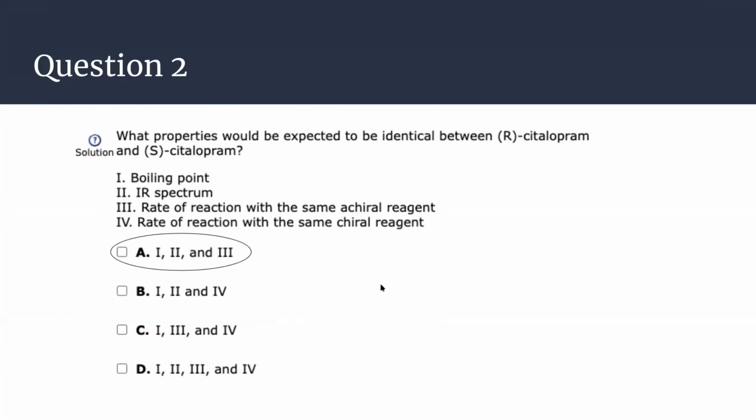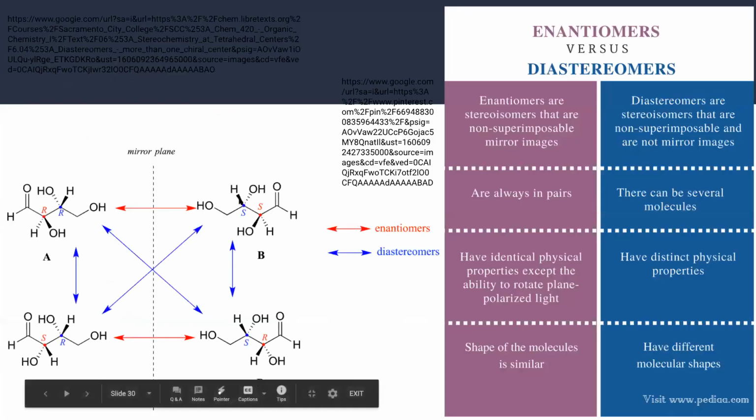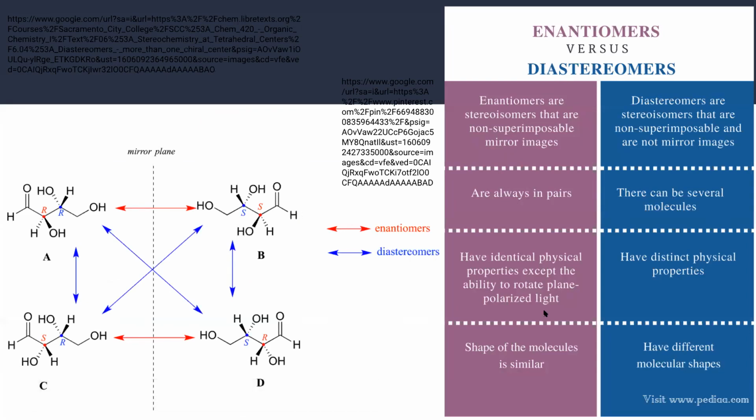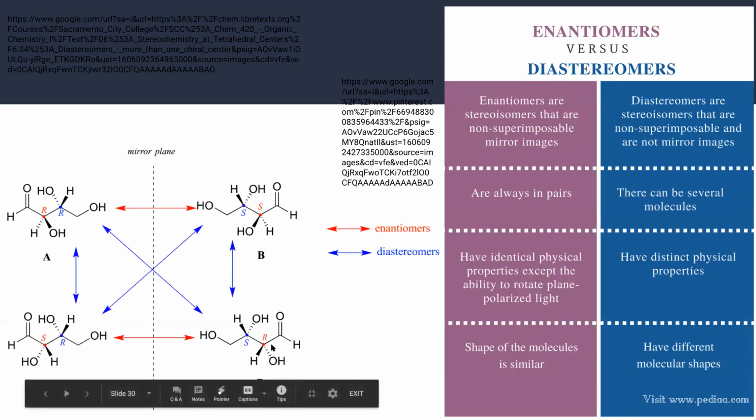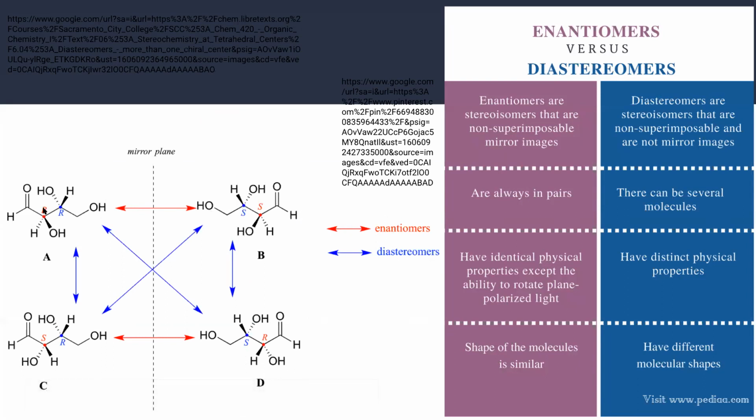Oh, okay. Yeah, this is just going over how to tell enantiomers from diastereomers and the differences. So here, these are enantiomers because they have different and opposite stereocenters. Where there's an R here, there is an S, and here's an R and there is an S. So that's a quick way to tell if something is an enantiomer, because they would have the opposite.